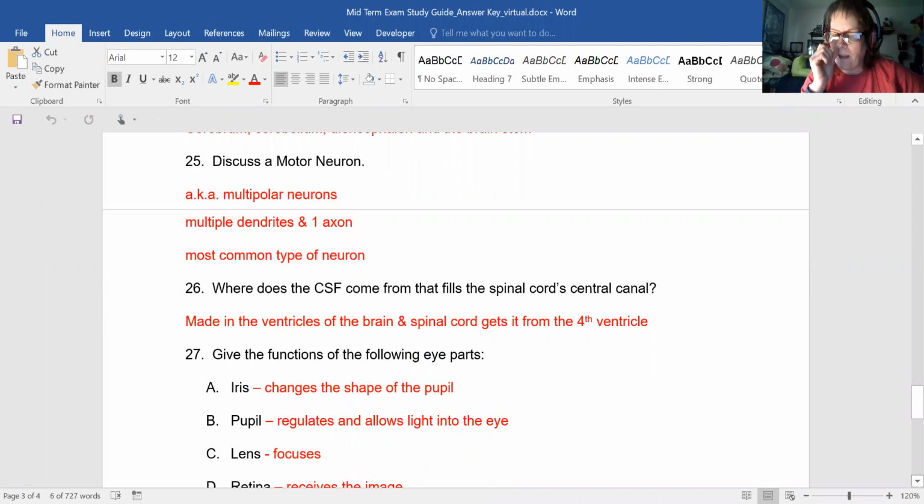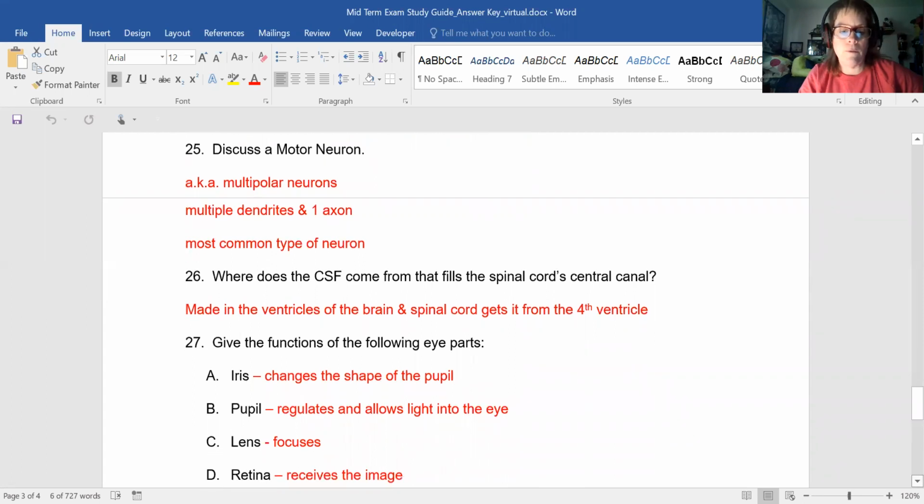It coats the brain inside and out. And you have these ventricles, which are spaces in the brain that make it. There are 4 of them. And the 4th ventricle is the one that kind of ties into the brain stem, which is going to connect to the spinal cord. So that little canal that's in the center of the spinal cord has the fluid in it, and it gets it from the 4th ventricle in the brain.